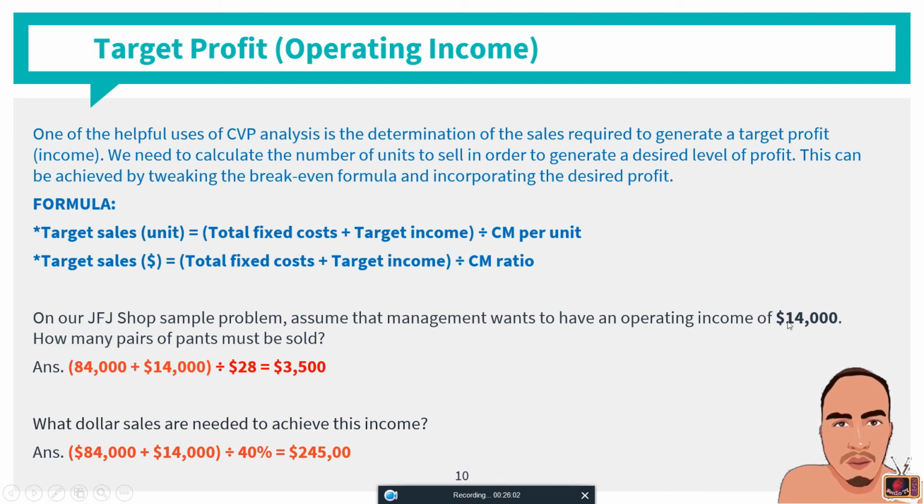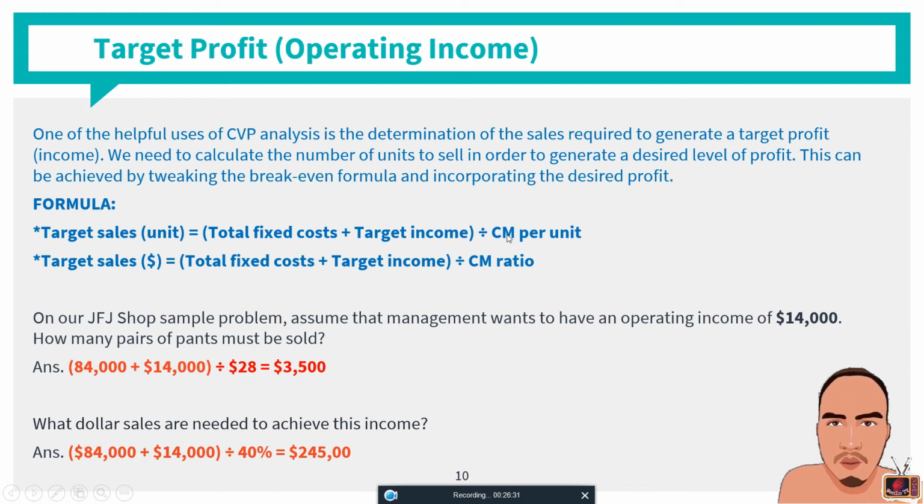So we could solve this with this formula. Total sales in units equals total fixed cost plus target income divided by CM per unit. The total fixed cost is 84,000 as discussed earlier. Target income, which we set, is $14,000, and we divide it by $28.